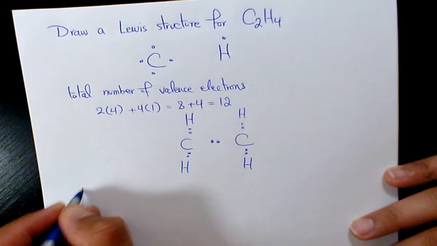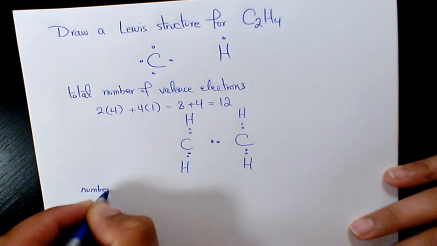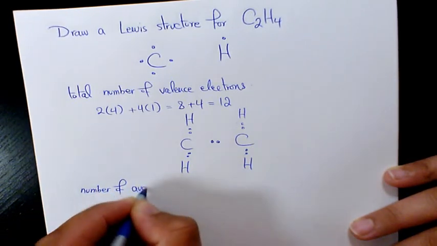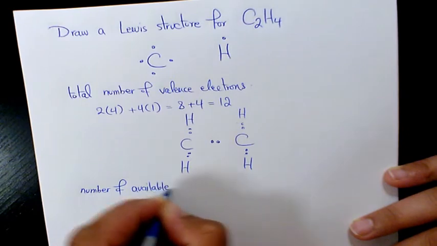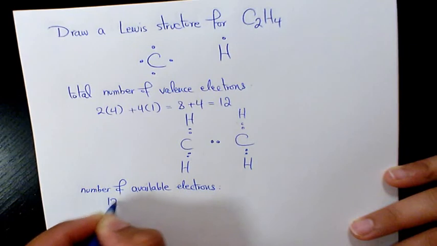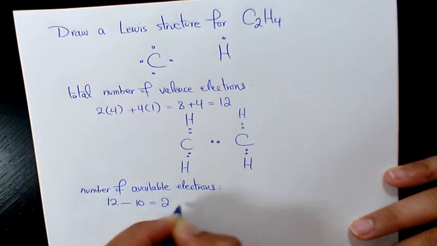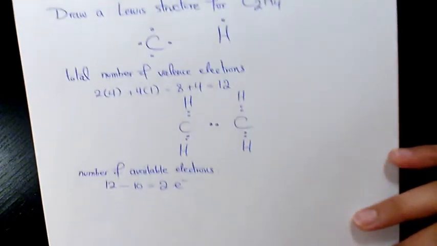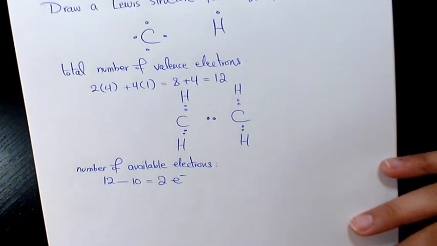So the number of available electrons is going to be 12 minus 10. That's going to be 2 electrons. So we still have 2 more electrons.